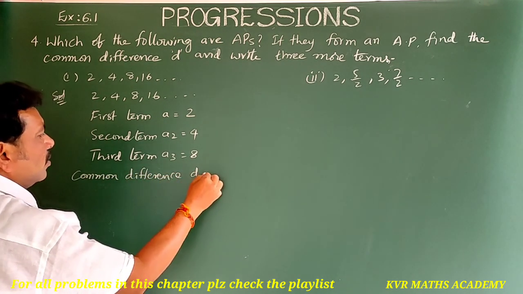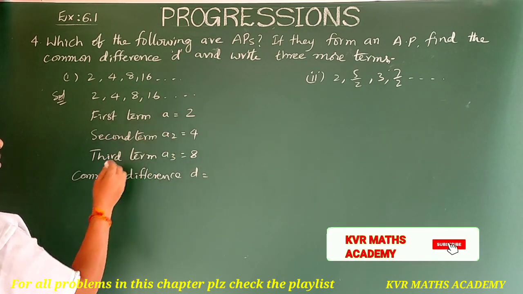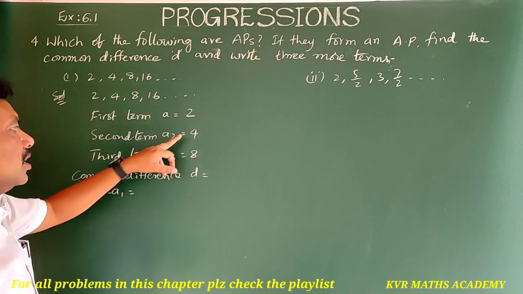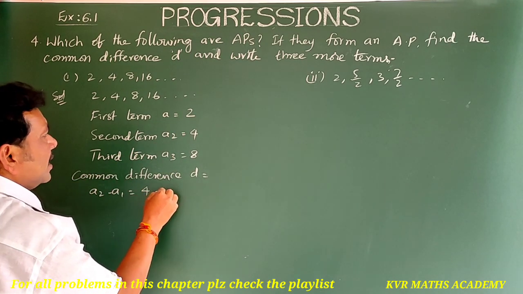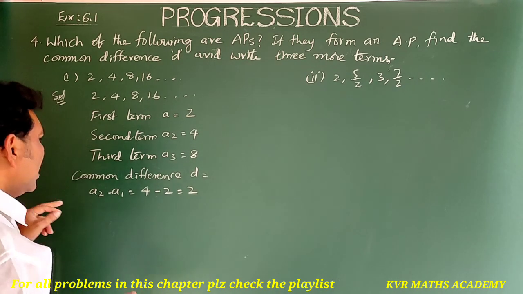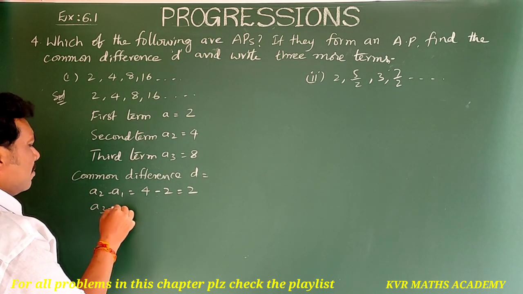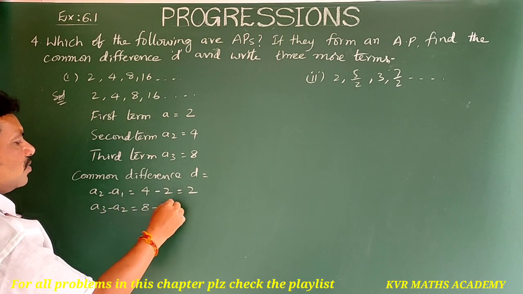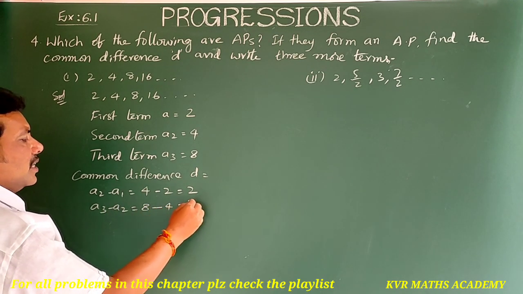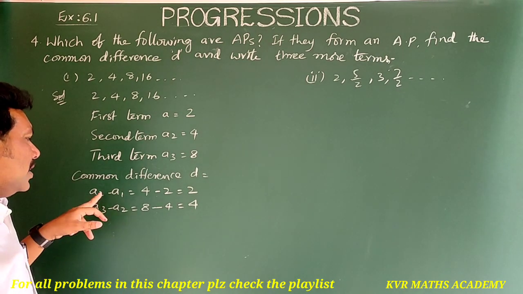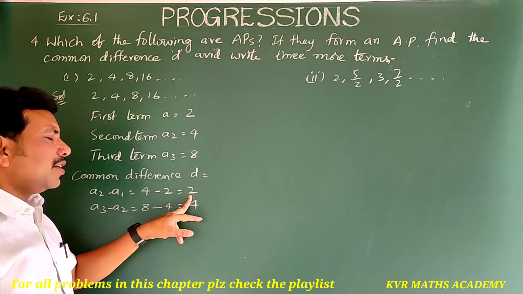Common difference d is equal to a2 minus a1, which is 4 minus 2, equal to 2. Next, a3 minus a2 is 8 minus 4, which is 4. Here a3 minus a2 is not equal to a2 minus a1.